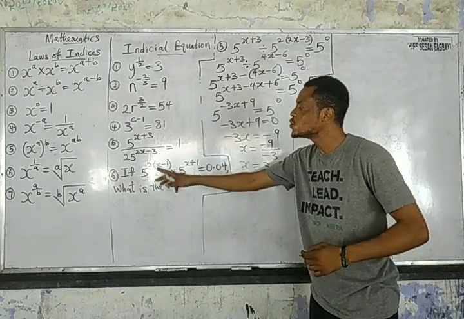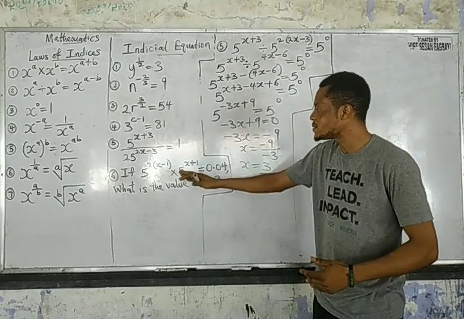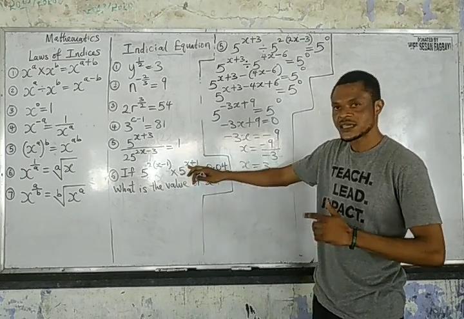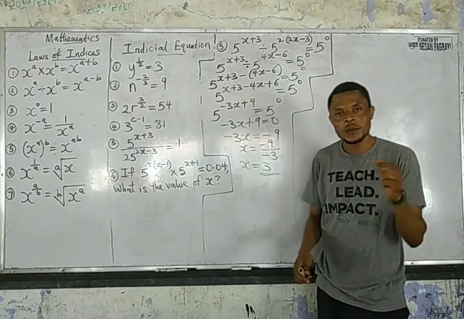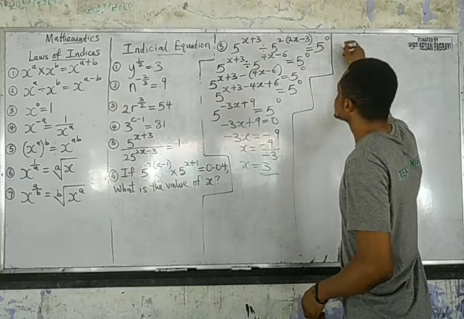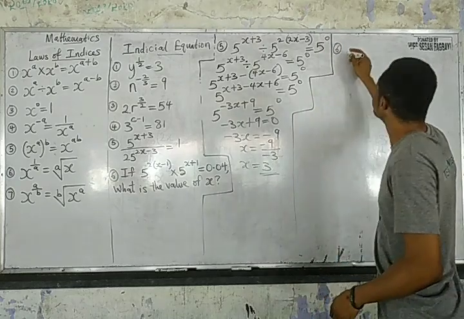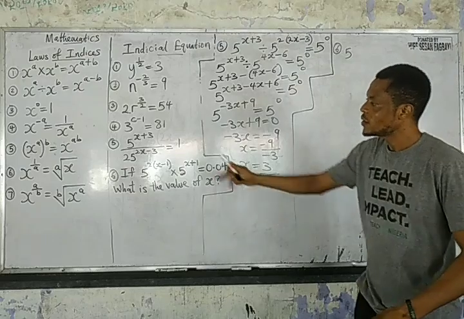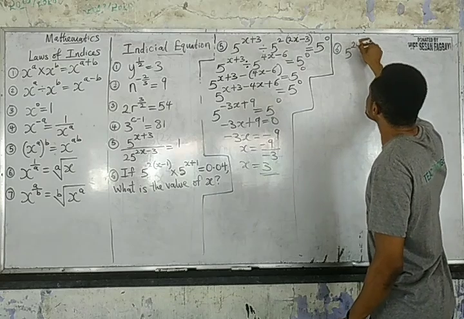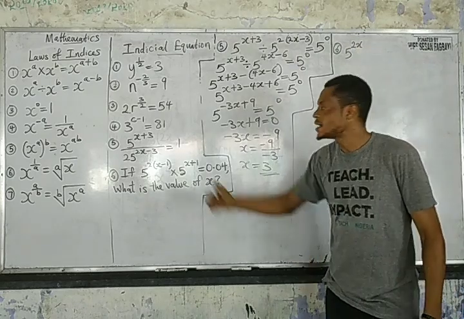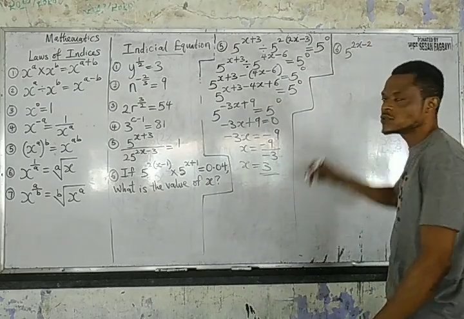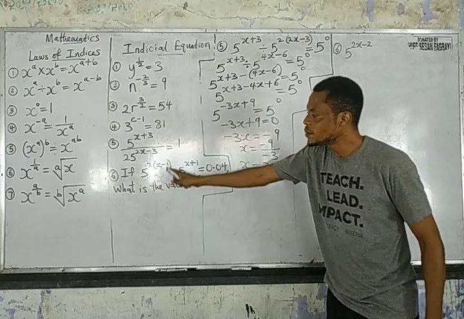5 raised to the power 2 open bracket x minus 1 close bracket multiplied by 5 raised to the power of x plus 1 to give us 0.04. Let's move. The 6th question. We open this bracket. 2 multiplied by x, we have 2x, and 2 multiplied by minus 1, we have minus 2. This is the multiplication sign.